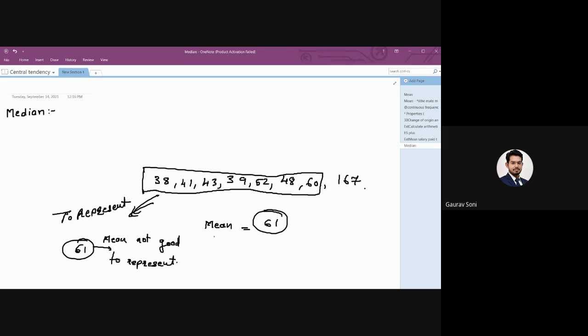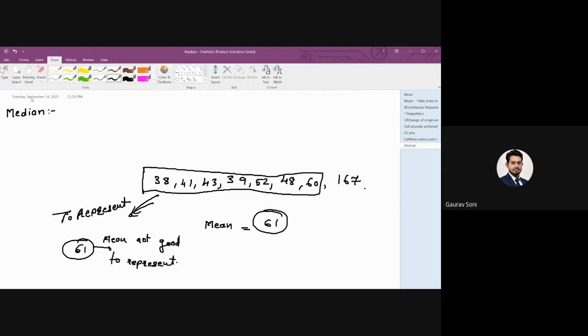If you tell someone the average is going to 35 or 36, you will have to clarify that most of the students have got less than 10, and only 4 to 5% students have got full marks. So the mean is not a good representation of your data. In many cases, mean is not good.